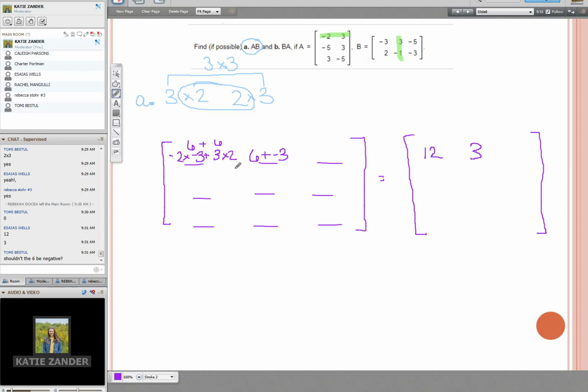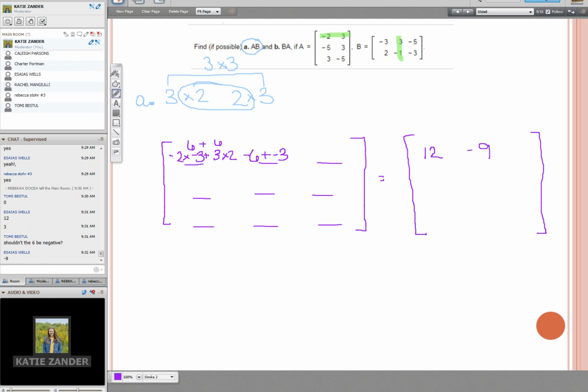Let me double check. Negative 2 times 3 is a negative 6. Okay, yeah. Whoopsie. Missed that one. So that'll be a negative 9. There we go. Good catch.